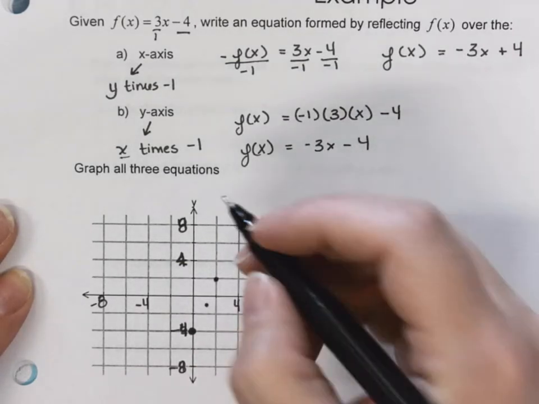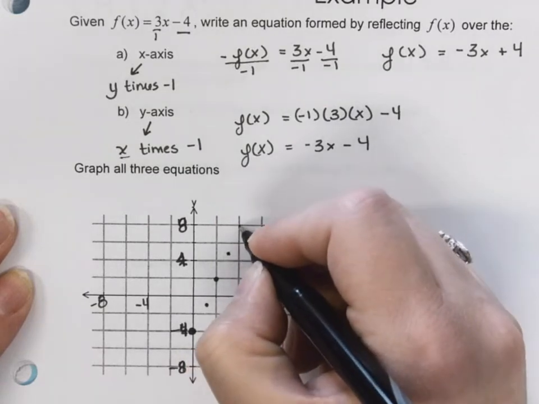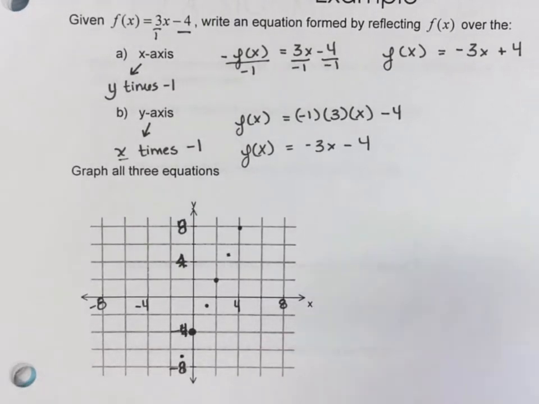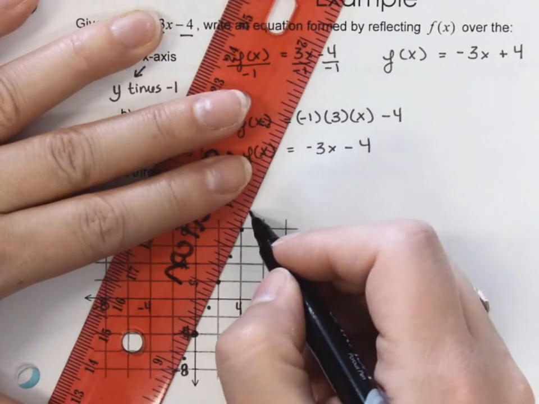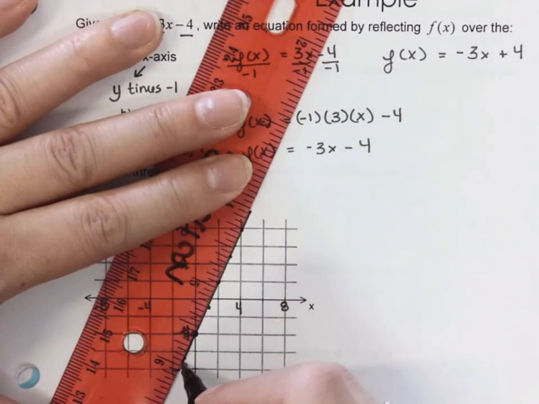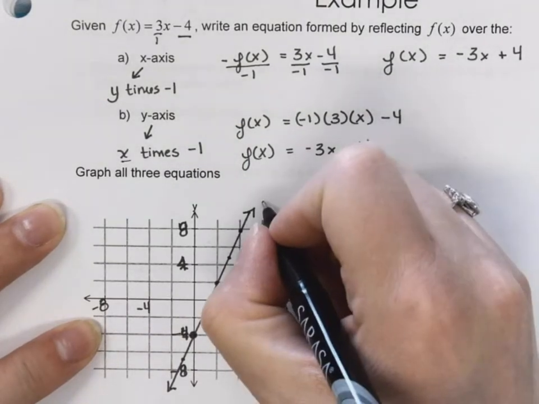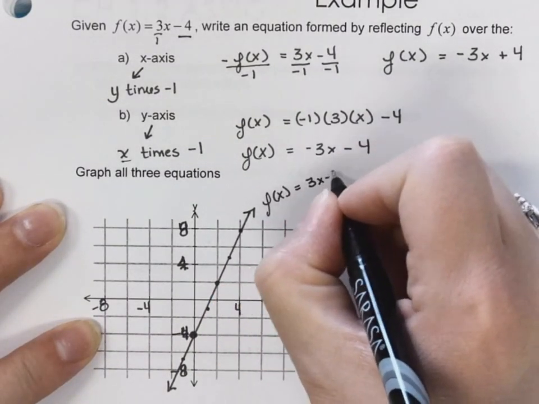I'm there. 3 up, 1 to the right. Okay, and then I'm going to go 3 down, 1 to the right. So I get this nice line. Okay, so that line is my f of x equals 3x minus 4.